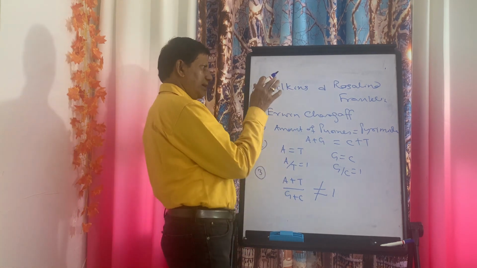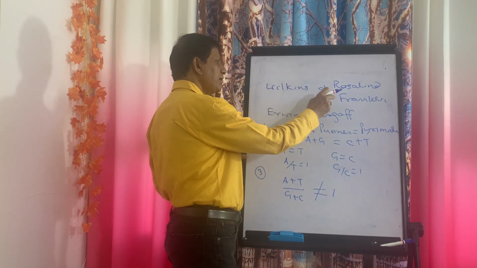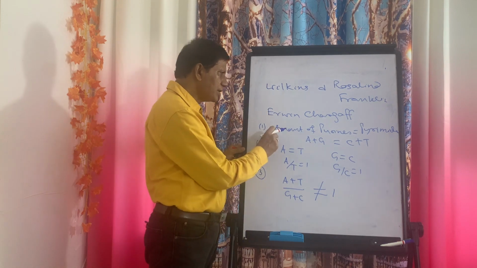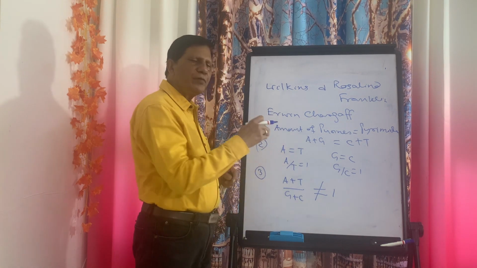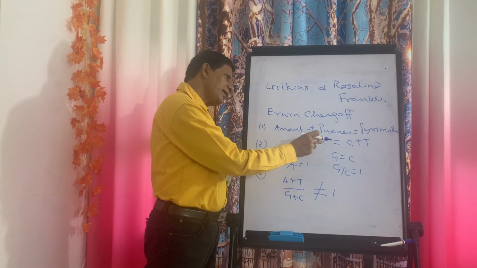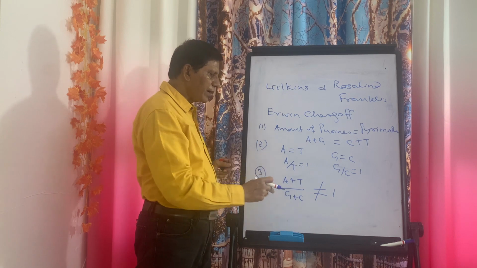So when Watson and Crick found that according to Wilkins and Franklin it is a helical structure, and according to Chargaff the amount of purines is equal to pyrimidines, the amount of adenine is equal to thymine, and the amount of guanine is equal to cytosine, this was not explained by a single helix.